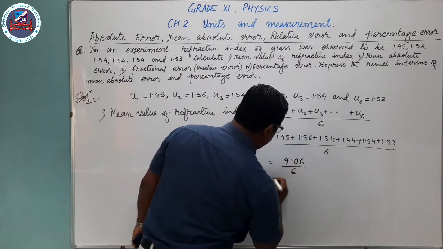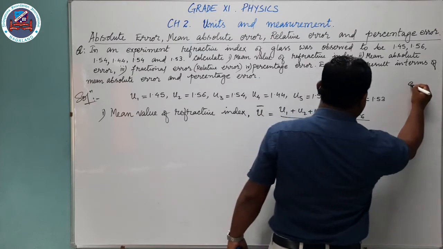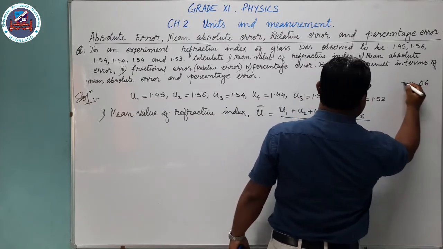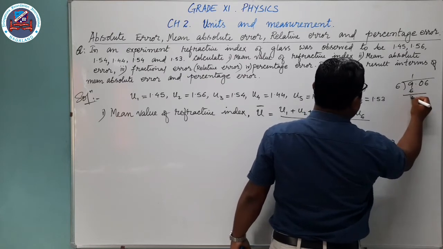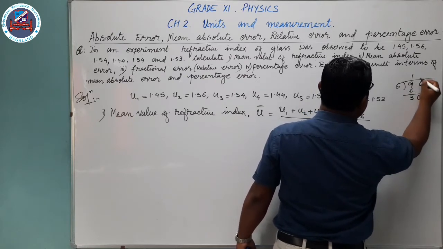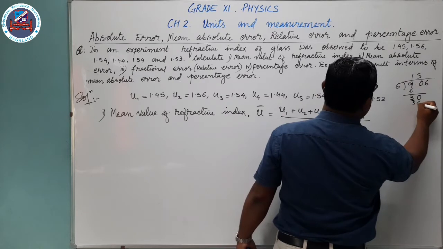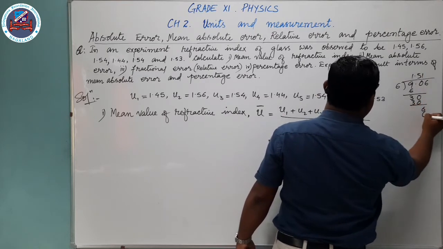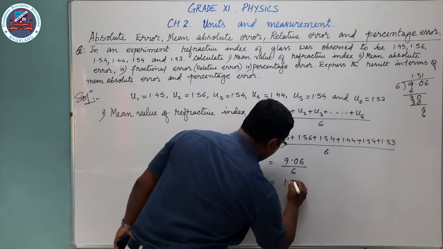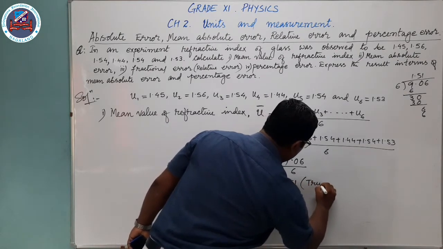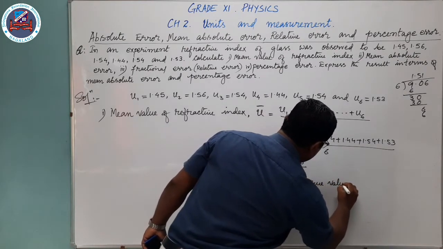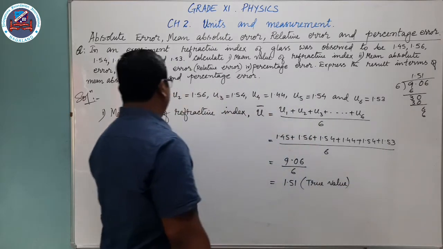So the sum is 9.3, and you are going to divide by 6. 6 ones are 6, 3, then bring 0. 6 fives are 30. And 6 ones are 6. So 1.551. This is also known as the true value. Like this you will get it first.